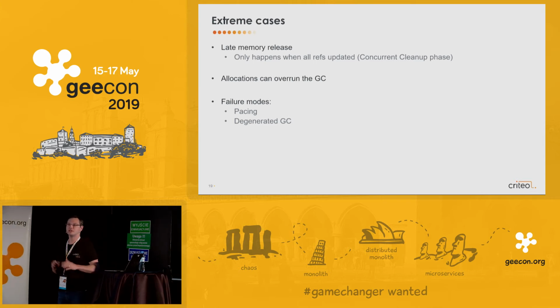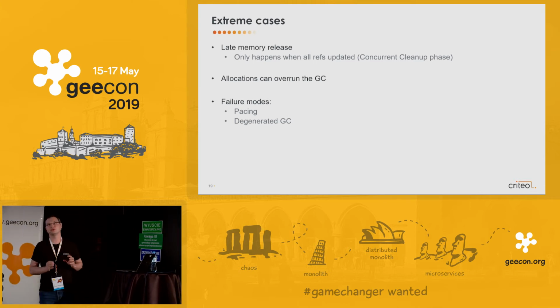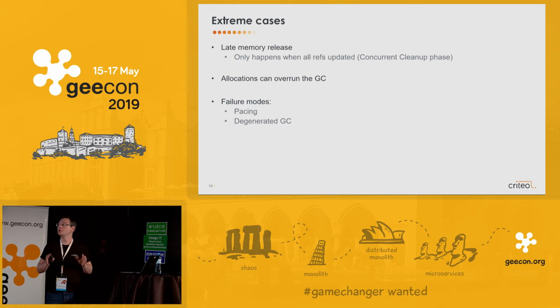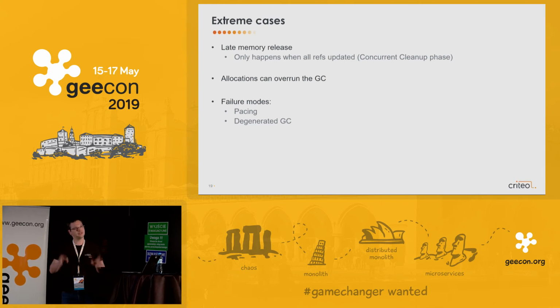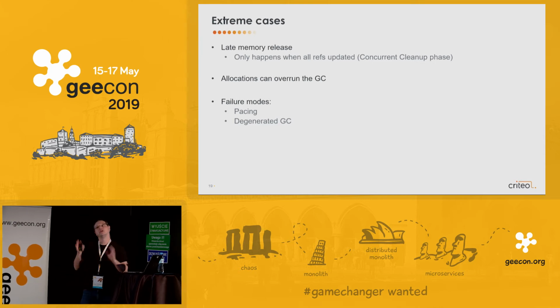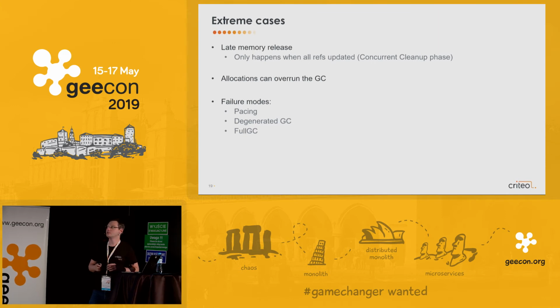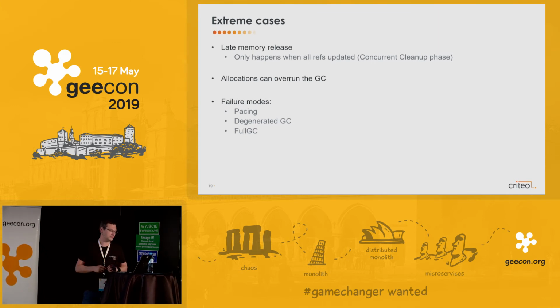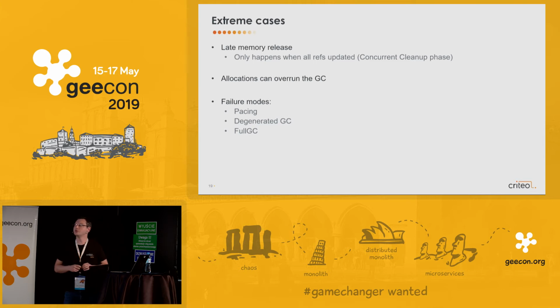Degenerated GC means that if we are in a situation where there is no more memory, we can stop all the application threads and finish the GC cycle of Shenandoah during the stop the world phase. So no more concurrent phase, all is in a stop the world phase. And then the classic full GC, if all those previous failure modes failed.